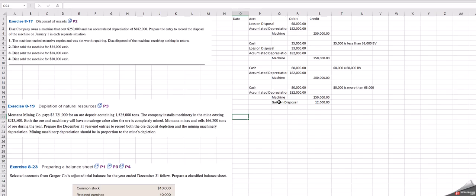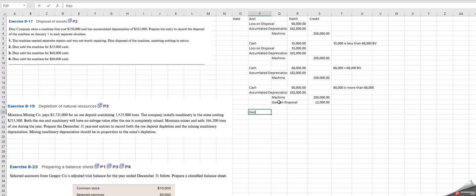Montana mines and sells 166,200 tons of ore during the year. Prepare the journal entries to record both the ore depletion and the mining machinery depletion. The mining machinery depletion is in proportion. So what that's telling us is it's going to end up being units of production.